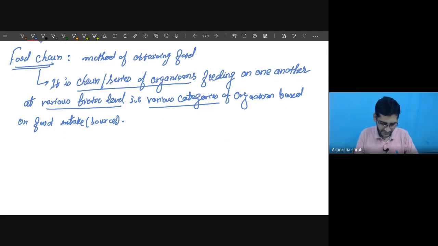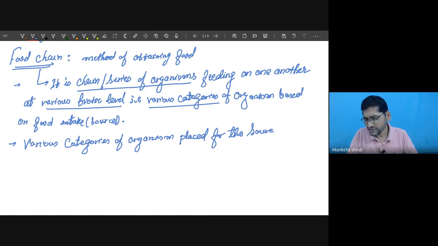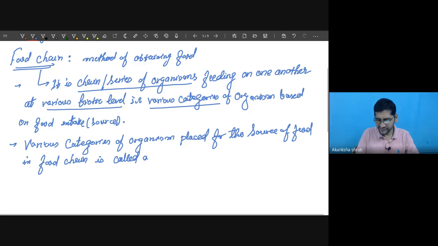So various categories of organism placed for the source of food in a food chain are called trophic level.